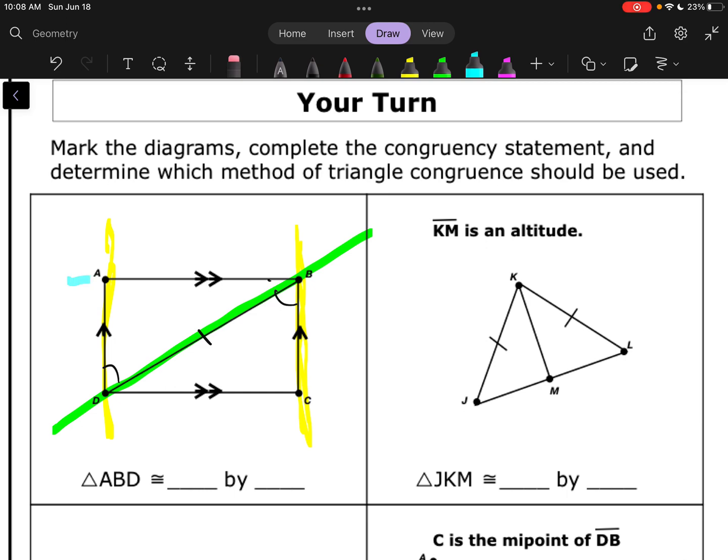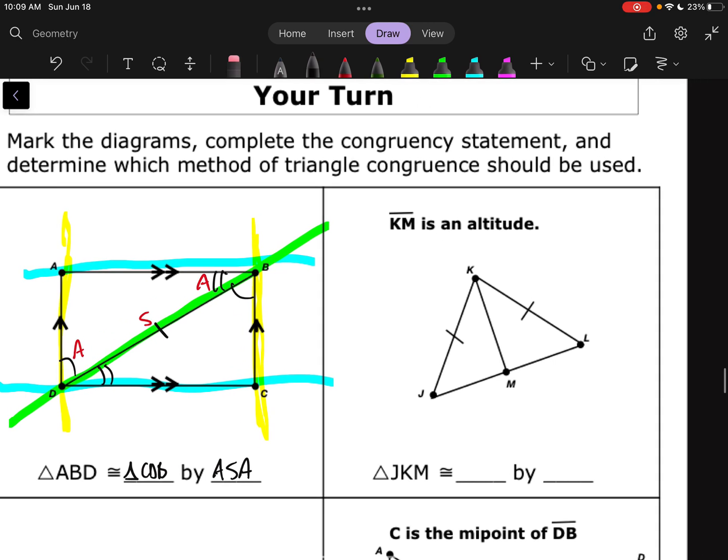But then also, if the blue line's parallel to the blue line, then using the blue with the green, we get this set of alternate interior angles. So this ends up being an angle side angle. I would say ABD is congruent to triangle CDB by angle side angle.